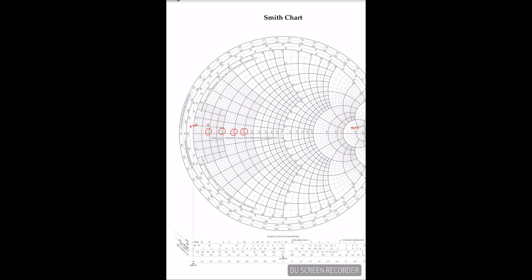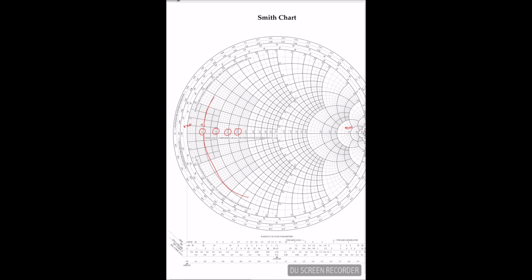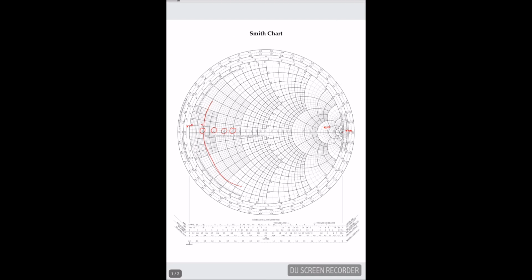You can see the complete circles connecting till this point, and similarly the R equals 0.2 circle connecting here, R equal to 0.3 connecting here, and 0.4 connecting here. Okay, so that is the construction of the R circle.